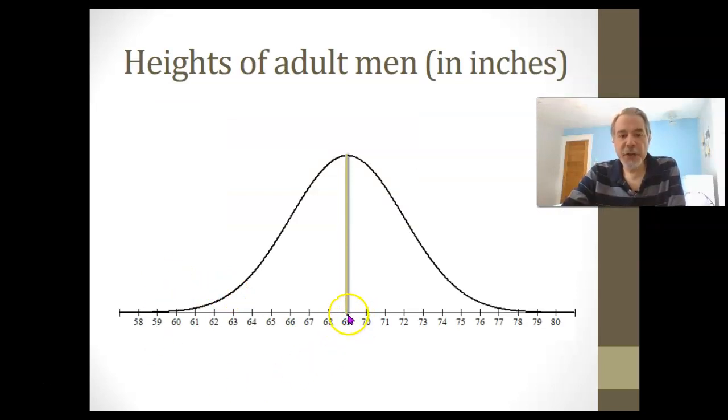And this particular curve is highest right in the middle where the 69-inch point goes. So that means that there are more men who are 69 inches tall than any other height. That's the most common height for adult men in the United States.